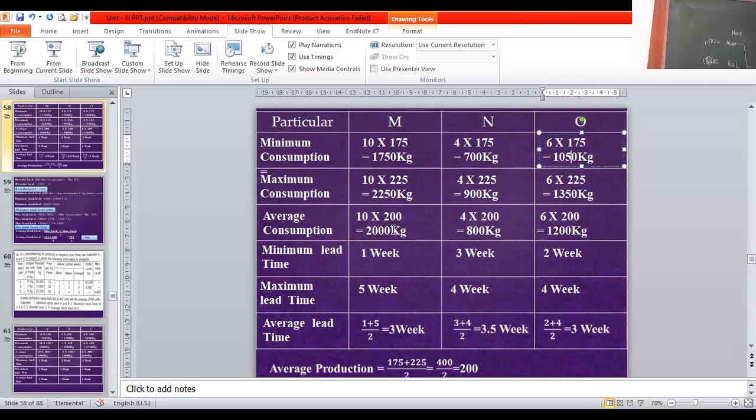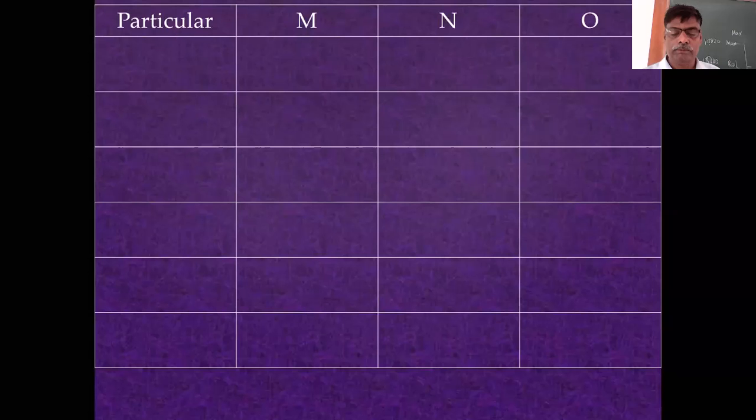The average production is 200. 175 plus 225, minimum plus maximum divided by 2, is 200. 200 into 10 is 2000. Then second is 200 into 4, 800. Last is 6 into 200, 1200.